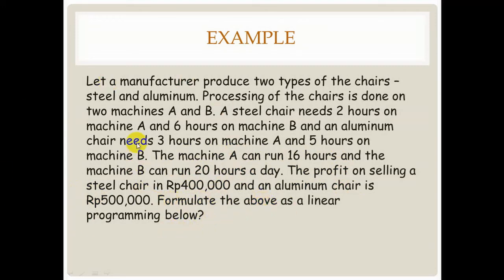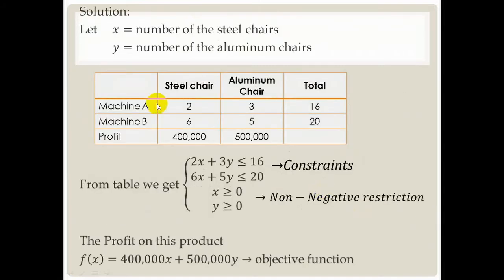So from this problem, you need to define the variables of the question. We have two types of chairs, so you let steel be X and aluminum be Y. You can use A or B, but it's easier for us to use X and Y. So the solution: let X equal the number of steel chairs and Y the number of aluminum chairs.